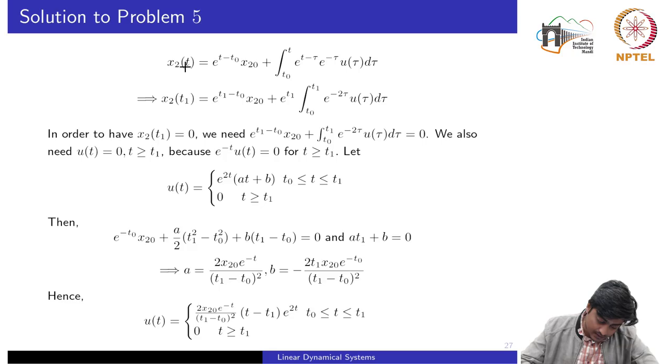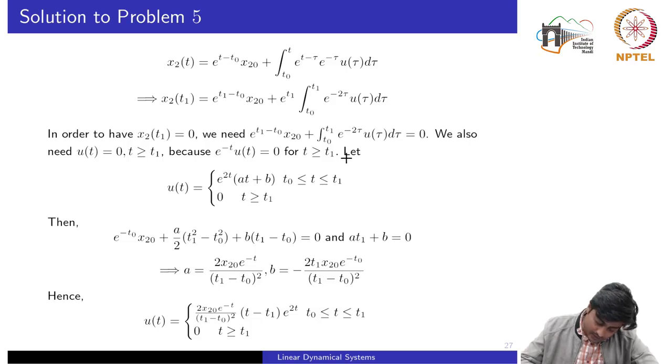Putting t equal to t1 in this equation and equating this part to 0, because we need to ensure that x2 at t1 should be equal to 0, we require that the right hand side should also be equal to 0. Once it reaches 0, if we are not supplying any input to the plant after that time t1, we could ensure that it would always stay at 0.